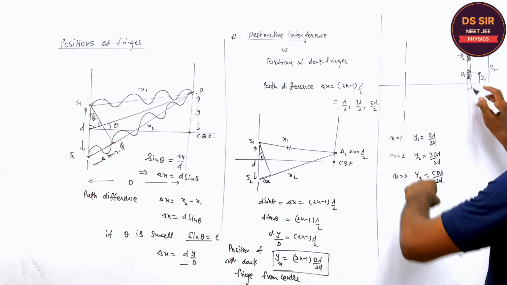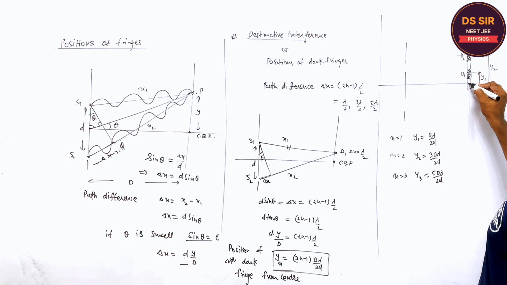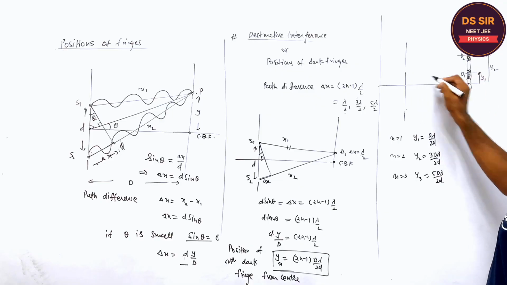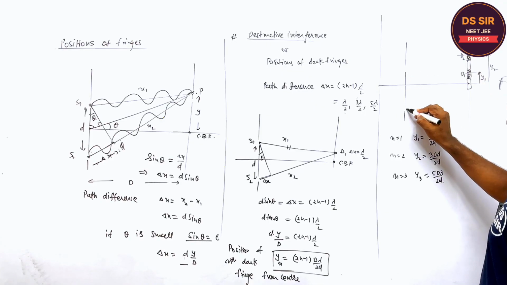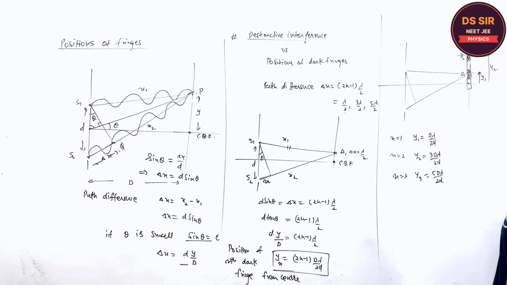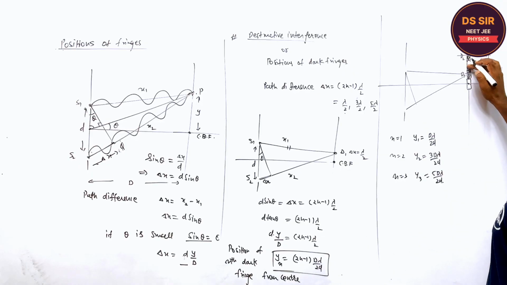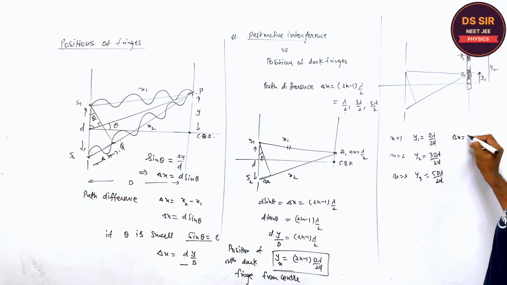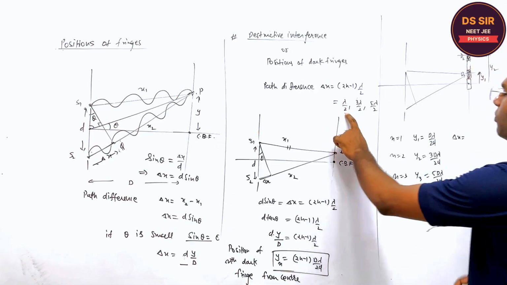Listen to one thing. Here the path difference is what? Say 0. What is the path difference for D1? Can you tell me? Here it is lambda by 2. The path difference is lambda by 2 when you put n equal to 1.